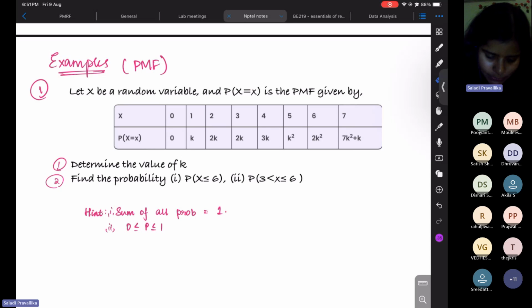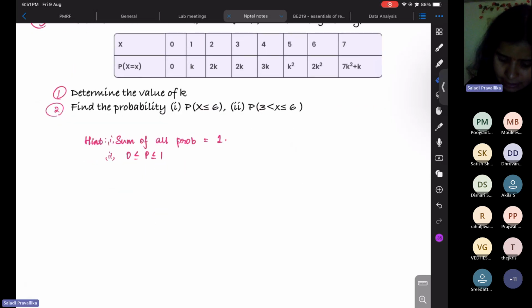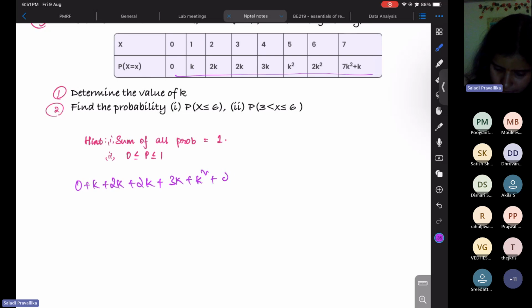So yeah, let's do it. Here, the first thing is the sum of all probabilities is equal to 1, right? So let us take all the values here: 0 plus k plus 2k plus 2k plus 3k plus k square plus 2k square plus 7k square plus k is equal to 1, right?